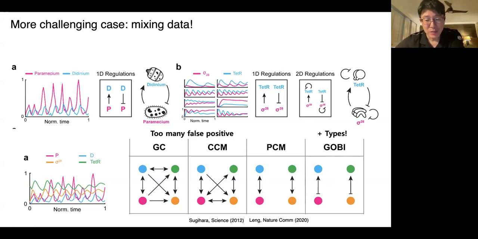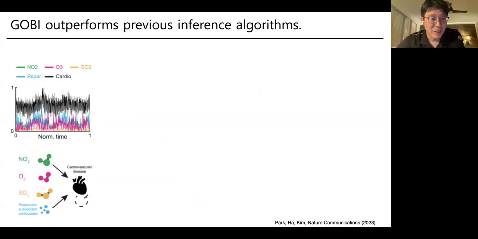So now let's apply this to another type of data set. We apply this to the air pollutant level change over 3 years and the cardiovascular disease patient hospitalization number in Hong Kong. It is well known that NO2 level and respirable suspended particulate number are major risk factors for cardiovascular disease.